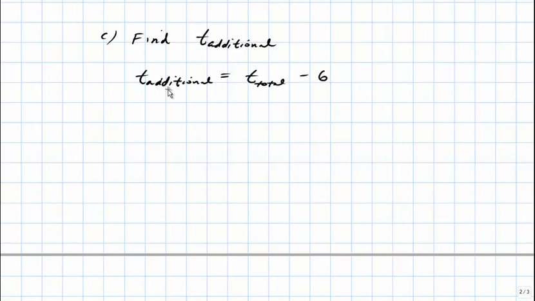Now, in order to determine T additional, we're going to have to find T total first. Let's also note that since the flywheel comes to rest, its final angular velocity equals 0, and so omega equals 0 for part C. Let's now identify an equation that's going to solve for the total time.